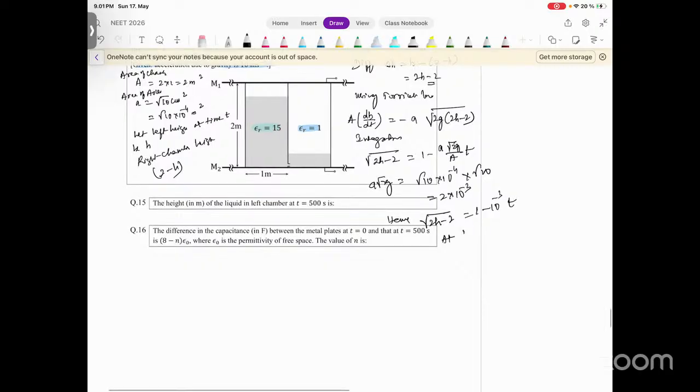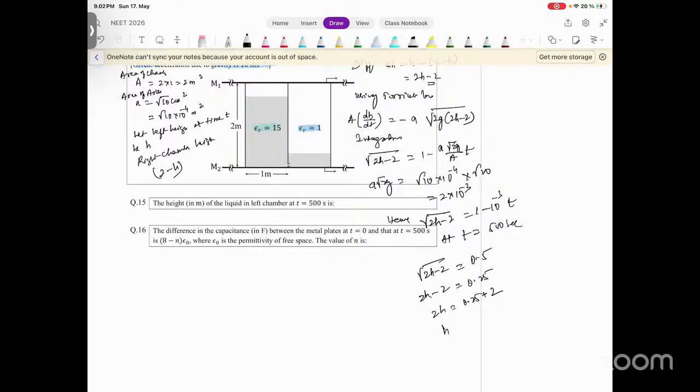So at t equals 500 seconds, root of (2h minus 2) will be equal to 0.5. So 2h minus 2 will be equal to 0.25. So 2h will be equal to 0.25 plus 2.